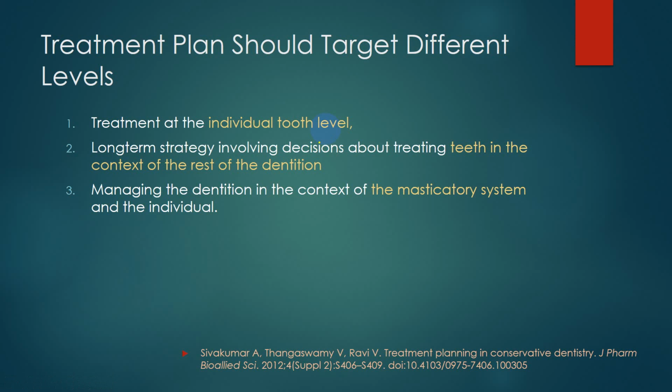You can treat by more than one method of treatment. Why? Because we are considering the context of the rest of the dentition. If that patient has multiple missing teeth adjacent to this fractured tooth, and this fractured tooth is not a key tooth, then why should we keep it, to have RCT and then post-crown, and then have a partially edentulous patient?